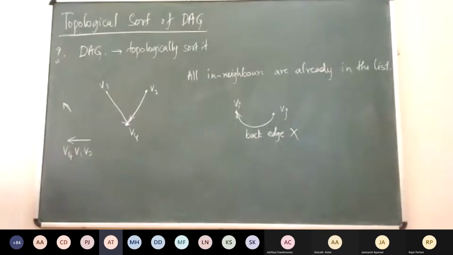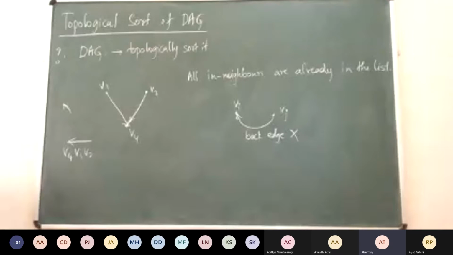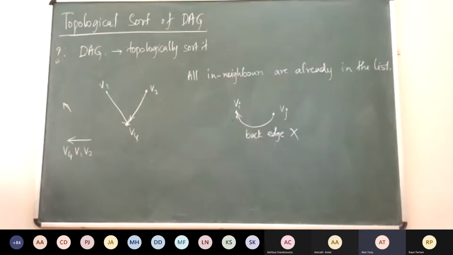I can think of a brute force method. You already have all the in neighbors in a list for each of the vertices. You start with any vertex and put it in an array. Then you take the next one, traverse the array, and search for a point after which there are none of its in neighbors.